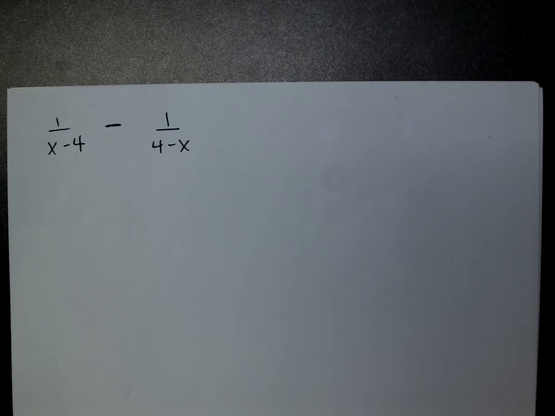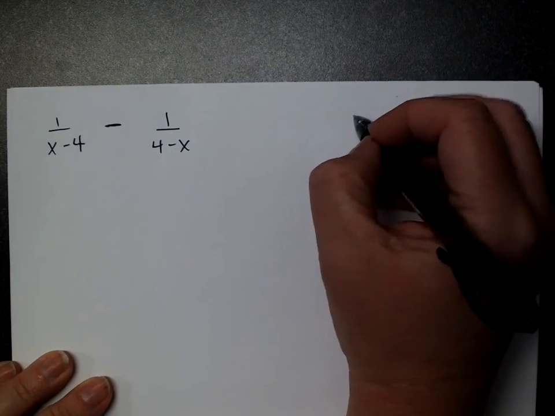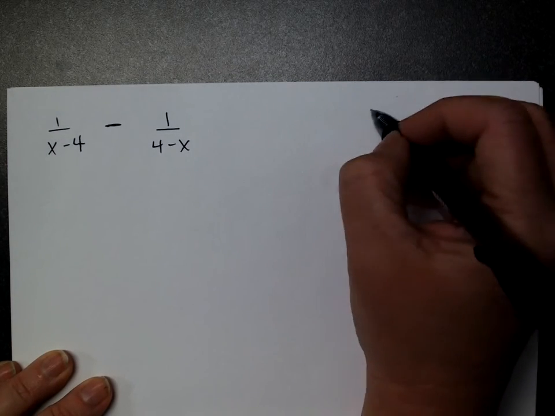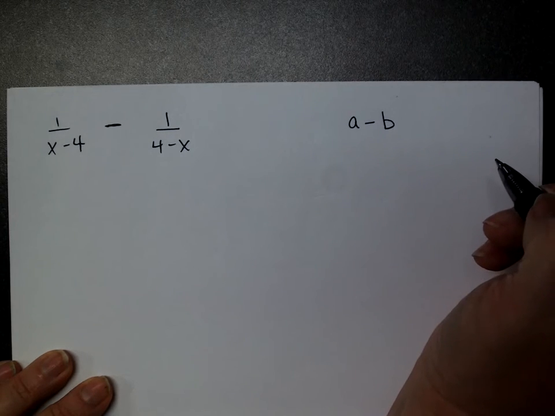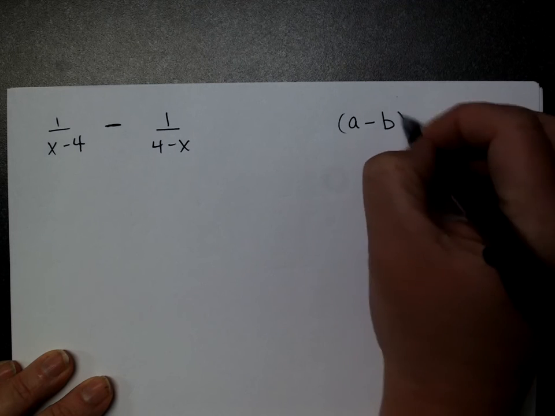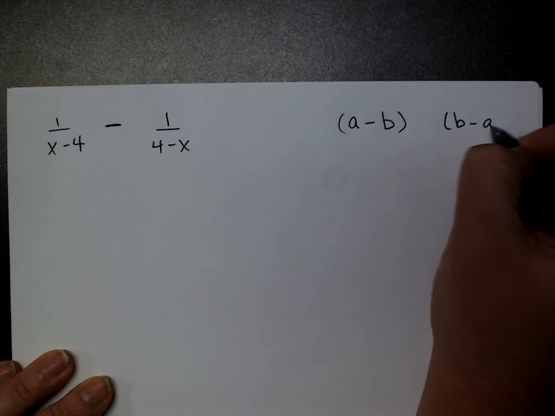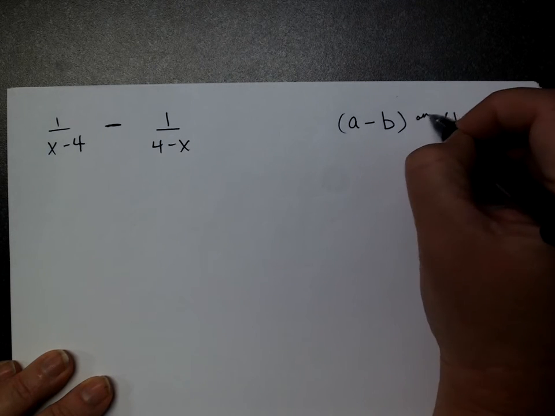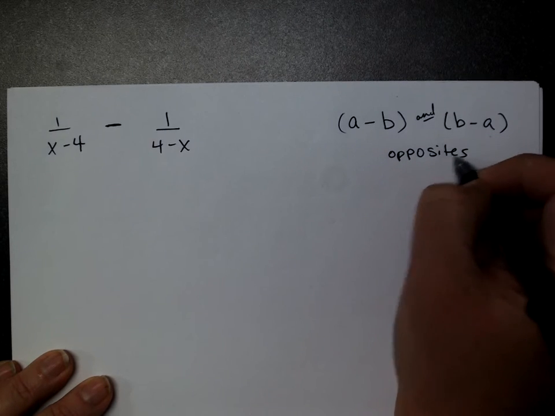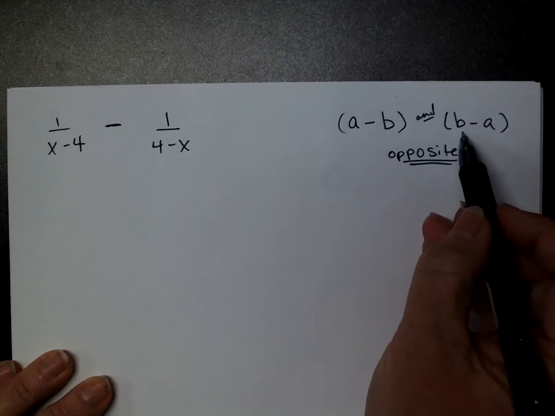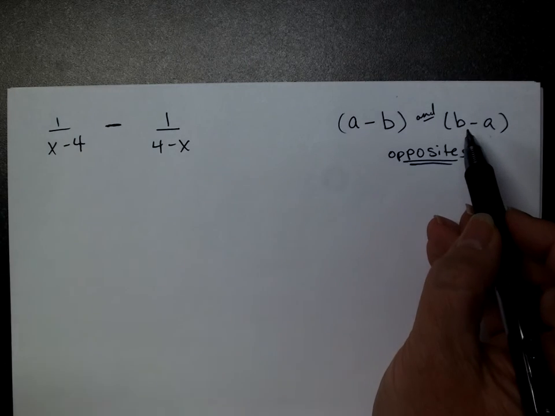Now remember, I'm going to write this algebraically. If you have a minus b and b minus a, these are what's called opposites. You can factor a negative 1 out of something.